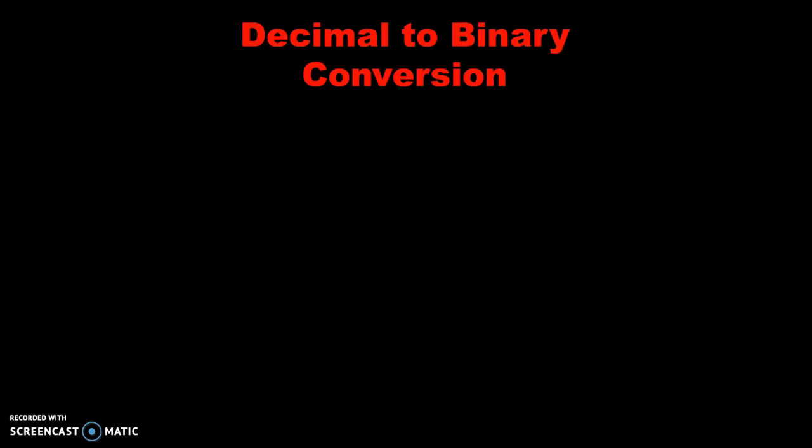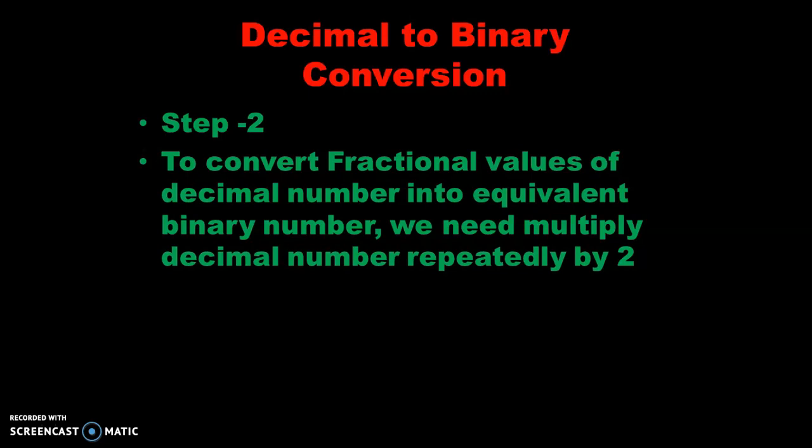Sometimes we have a mixed number with fractional values in decimal numbers. So step number 2: to convert fractional values of a decimal number into an equivalent binary number, we need to multiply the decimal number repeatedly by 2. In this video lecture, we will see conversion of decimal number into binary number for only integer values.